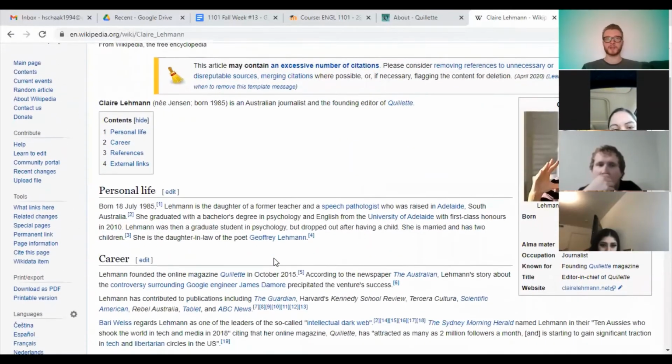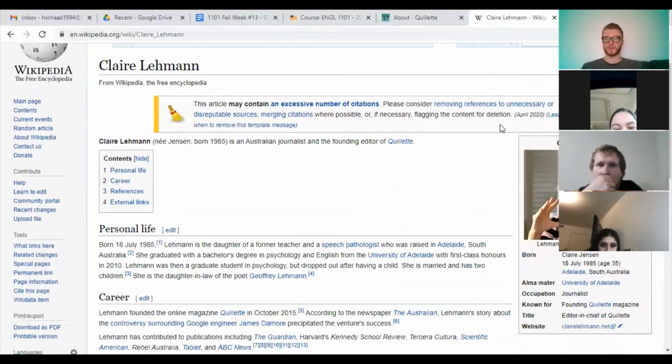This particular page, you might notice, really bad omen, has this very rare disclaimer, that you'll see on Wikipedia, at the top of the article. This article may contain an excessive number of citations. Not good. Please consider removing references to unnecessary or disreputable sources, merging citations where possible. So someone who works for Wikipedia saw this article, saw that there were too many references, and also flagged it for using disreputable ones.